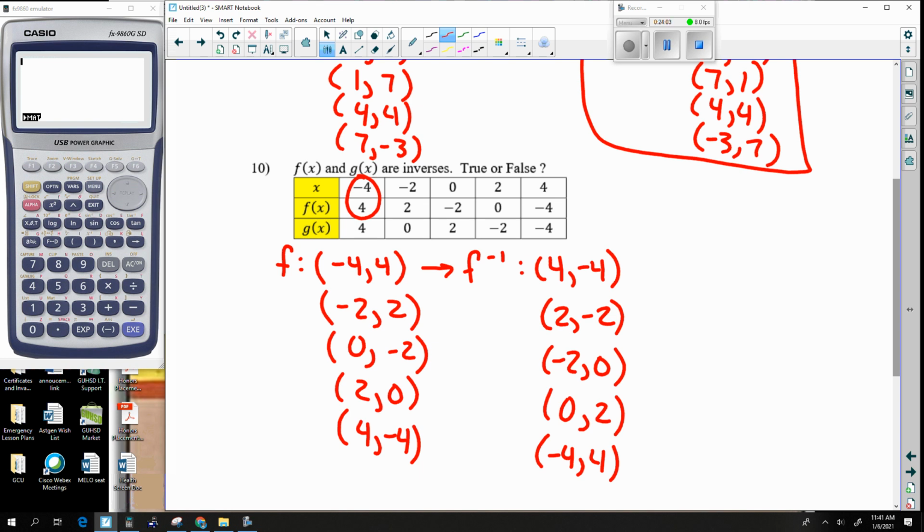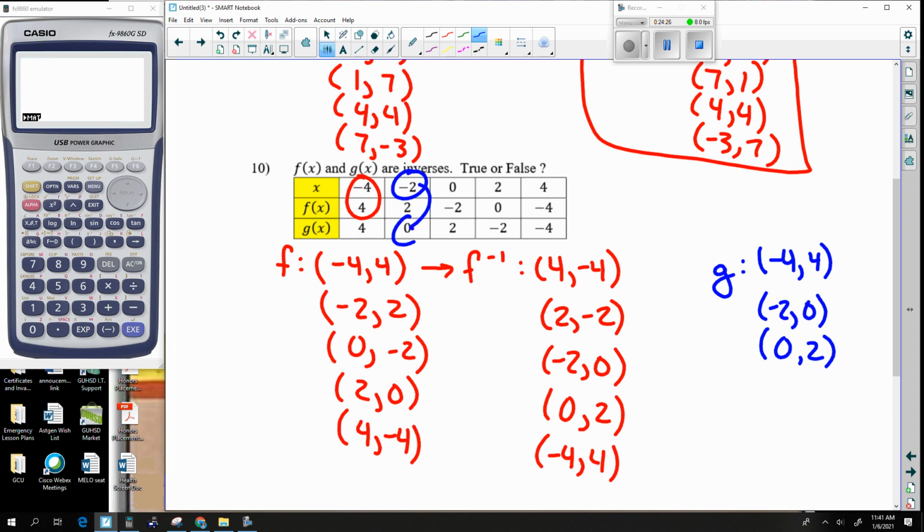Now, I'm going to write down the points that are on G. So on G, when I have an x of -4, the y is 4. X of -2, the y is 0. 0, 2. I'm taking the x and matching it up with its corresponding y, but of the G equation. 2, -2, and 4, -4.